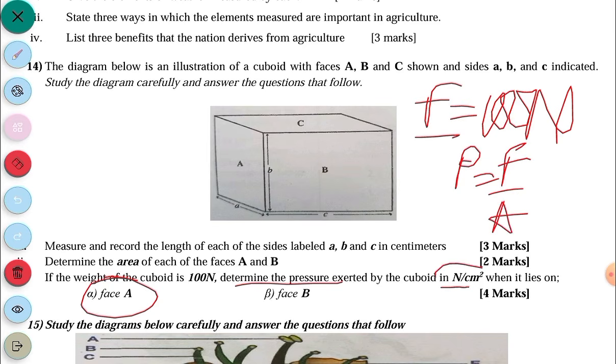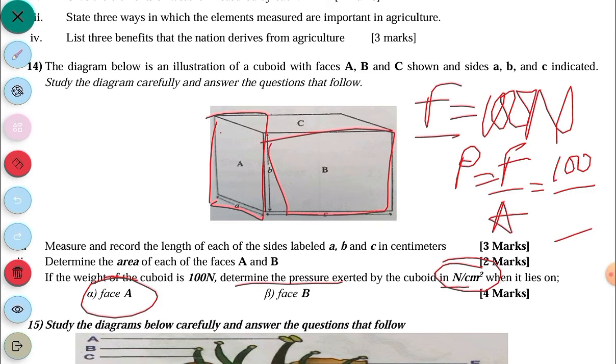This unit you have been given here is the unit for pressure. So your 100 Newton over the area that you got for A. Then you work it out, you get your answer.